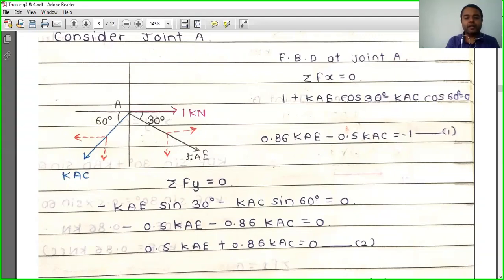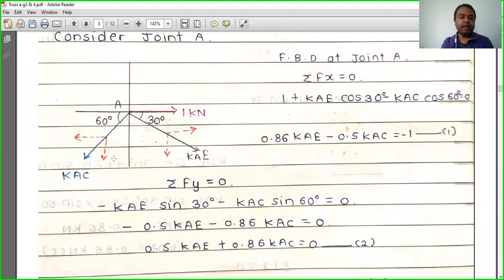As we are going for K force analysis, I have written here KAE, and here I have written KAC, and both I have assumed tensile. Tensile means the arrow is away from the joint. Of course, these are assumed directions.